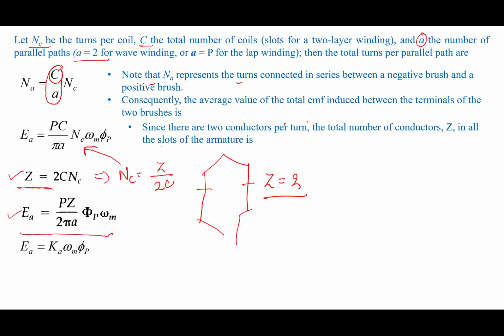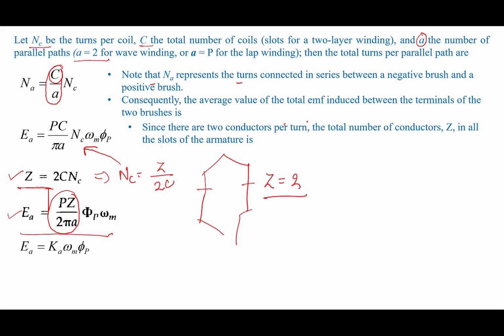Now this is your constant term. P is the number of poles, Z is the number of conductors, 2 pi is a constant, and A is also a constant, the number of parallel paths, right?